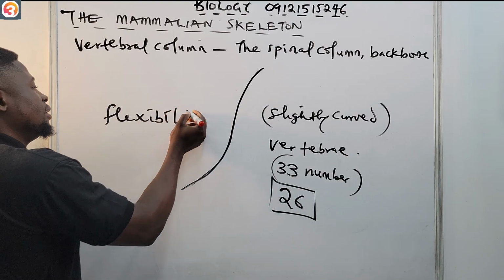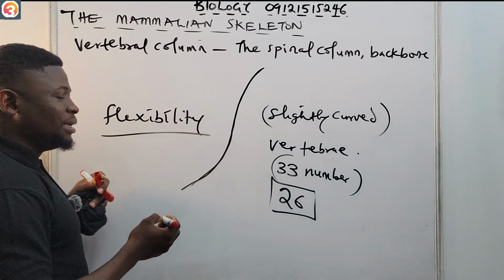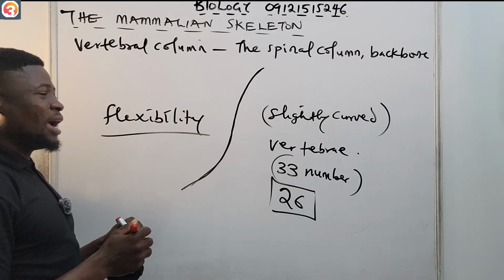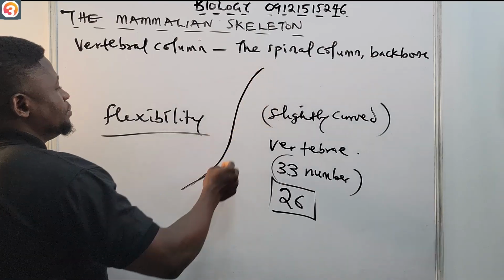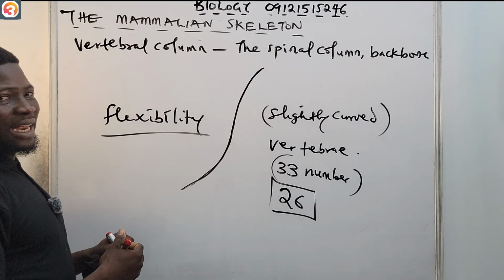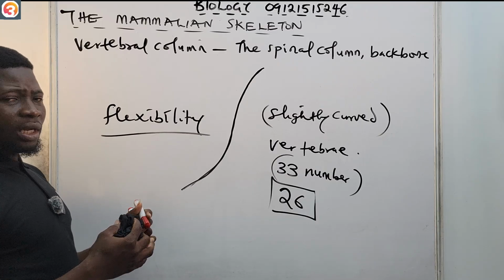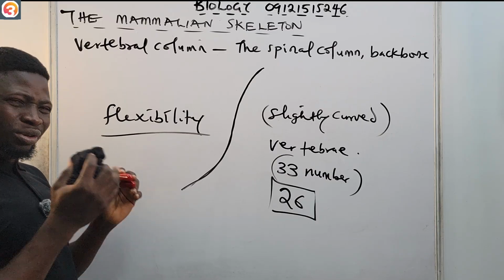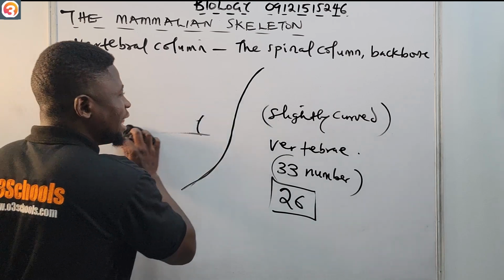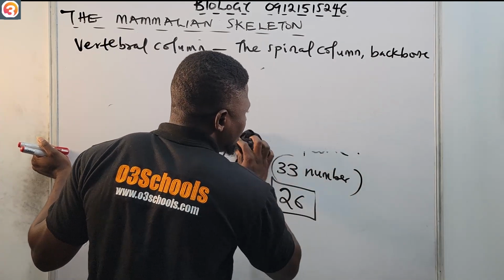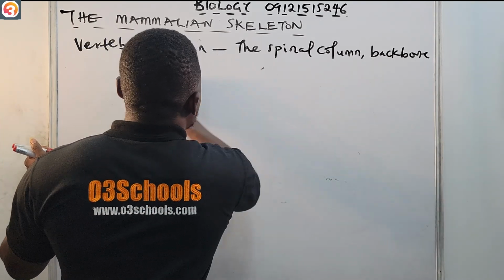Take note of that. We said that the major function of the spinal column is to protect the spinal cord. All right, so let me write that on the board.